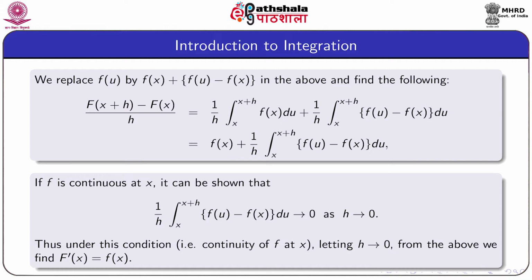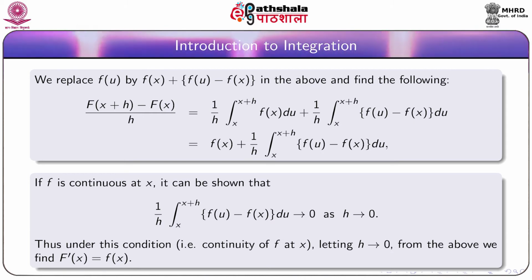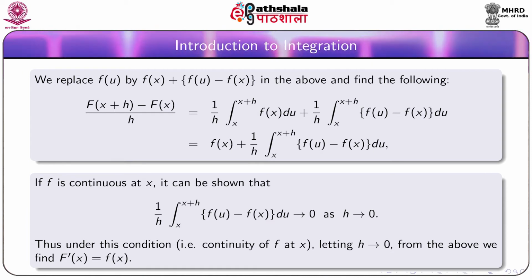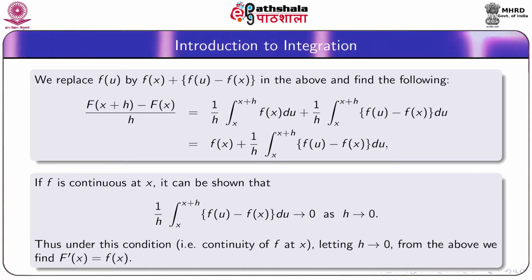Now, let us replace f(u) by f(x) plus f(u) minus f(x) in the above integral. We find the following: capital F(x plus h) minus capital F(x) equals integral x to x plus h f(x) du. We observe here that the integrand f(x) is independent of u. Plus integral x to x plus h f(u) minus f(x) du. So, the first one is nothing but h times f(x).